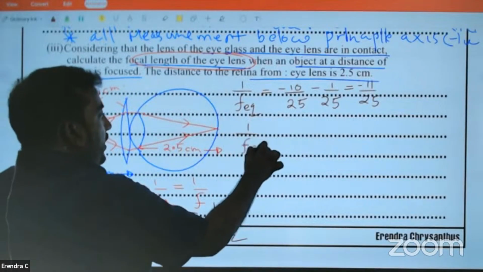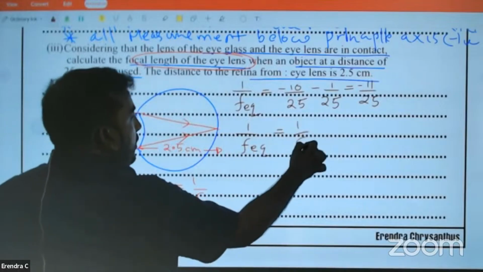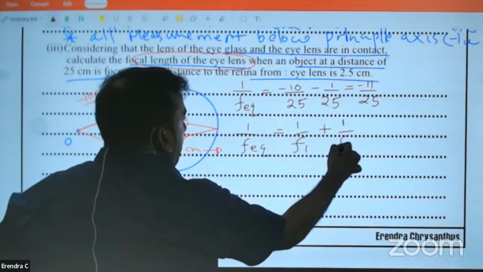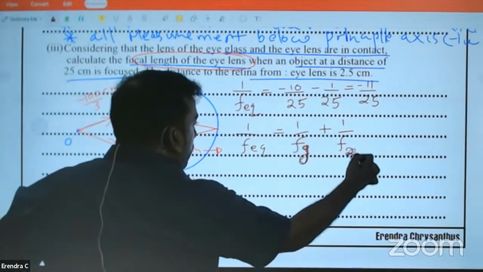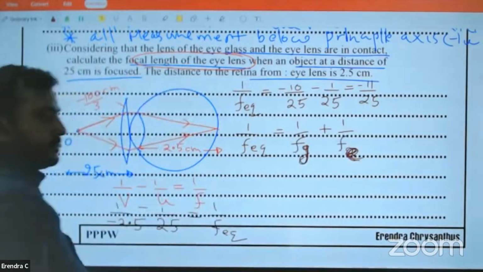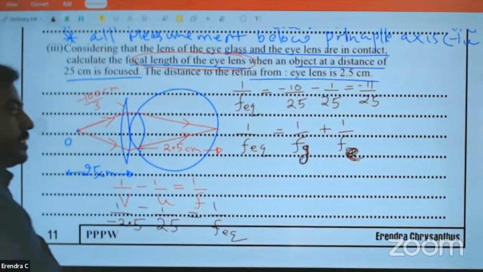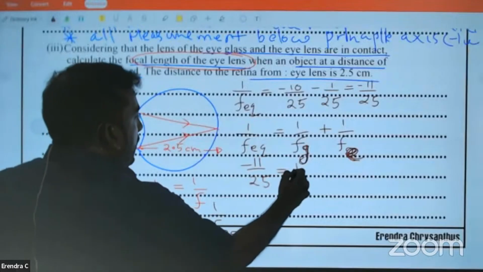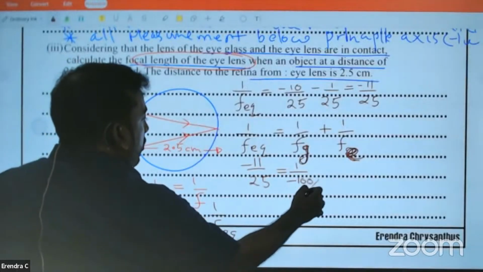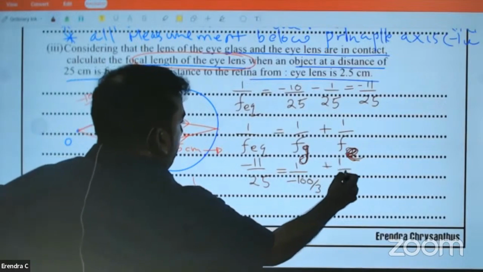Also, you know 1 over F equivalent is 1 over F1 plus 1 over F2. In other words, focal length of glass plus focal length of eye. Here minus 11 over 25. Focal length of glass is 1 over 100 over 3. Focal length of eye.